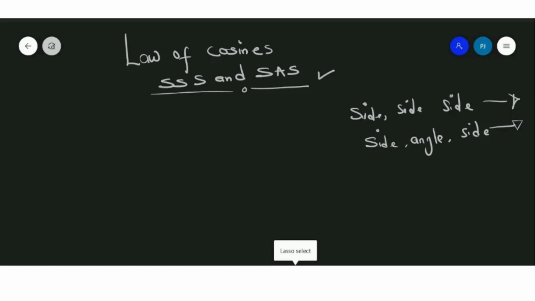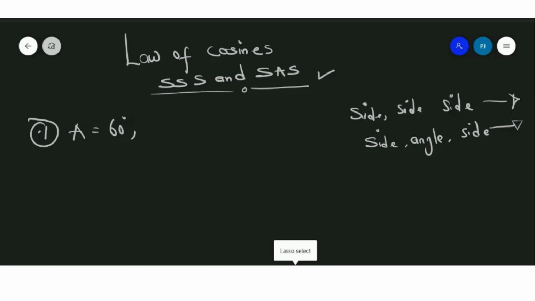Let's go ahead and apply these laws and see where the postulate applies and where it doesn't apply. For example, question number one, where A is equal to 60. I'm just experimenting to see how possible it is to use this.